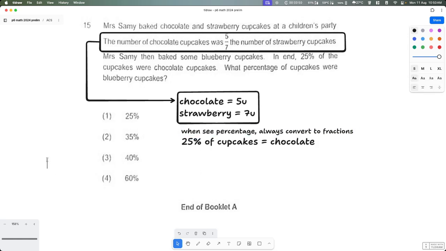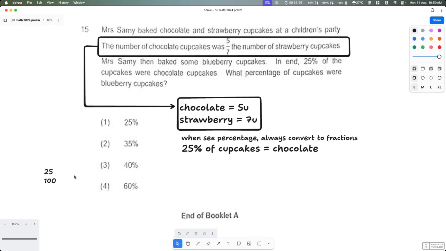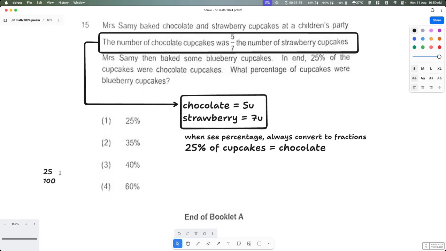So 25%, 25 out of 100. What does it convert into? So 25 out of 100. This will then convert into, we divide by 5 for each, 1 out of 4. So 25 out of 100 is equal to 1 out of 4.